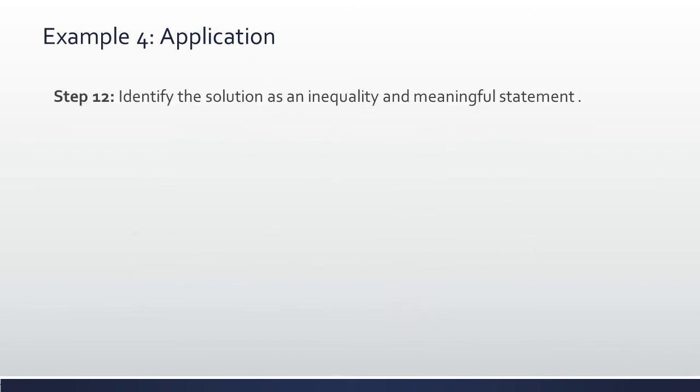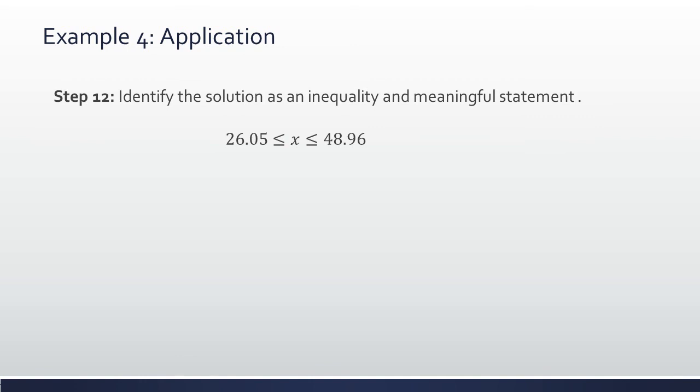So now I need to write that solution. I'm going to identify it as an inequality and a meaningful statement. You'll see what I mean by meaningful statement. So my inequality, my values on my helmet need to be between 26.05 and 48.96. So that's how you write in between. It does include those values.